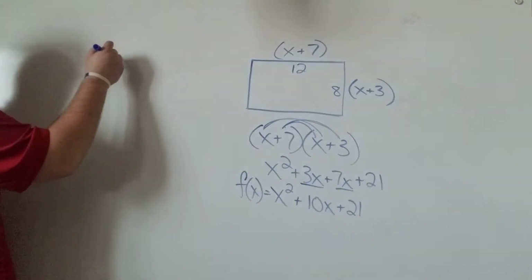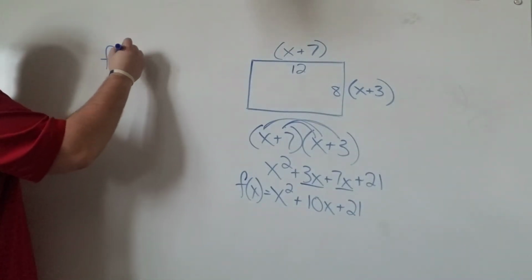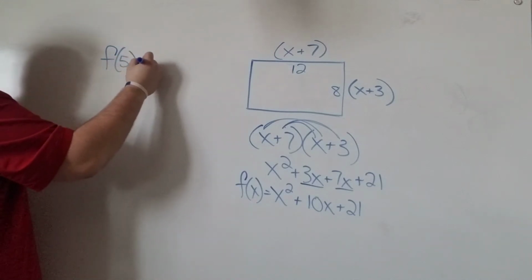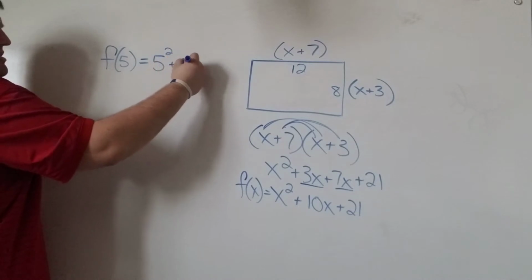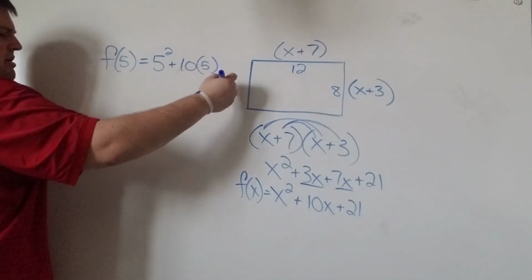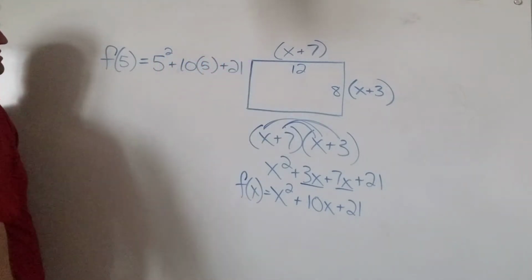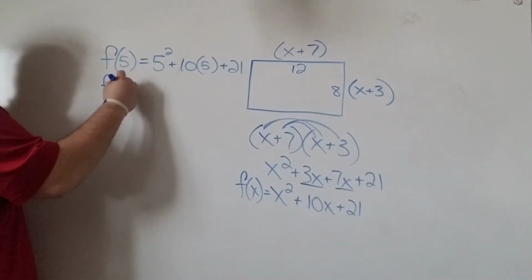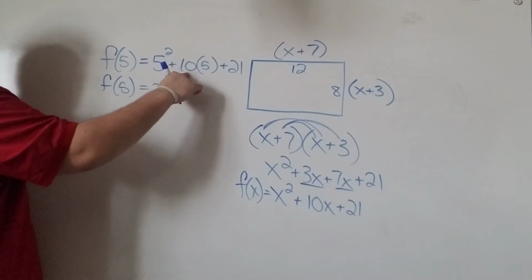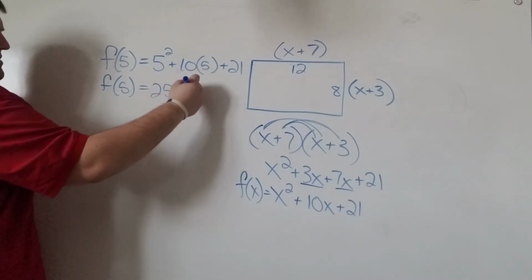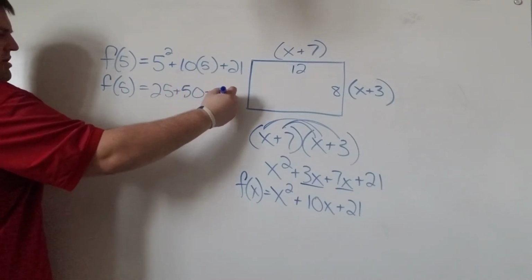f of 5. So I can plug 5 in here to our function and get 5 squared plus 10 times 5 plus 21, right? So 5 squared is 25. 10 times 5 is 50 plus 21.